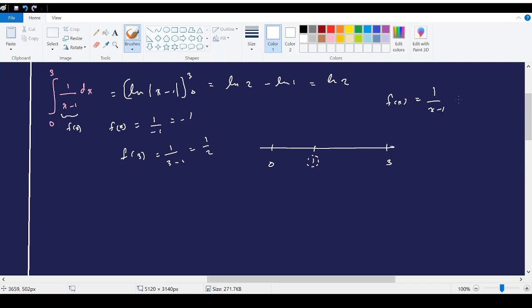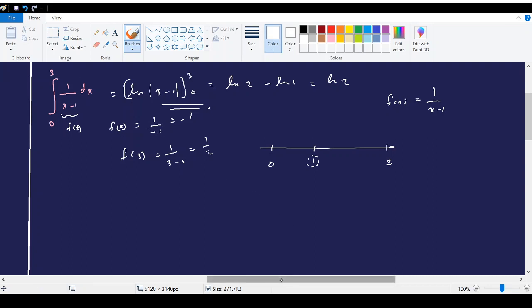So if we do the calculation like this, that means we have not considered the existence of the vertical asymptote. So we must consider the existence of the vertical asymptote to do this problem.